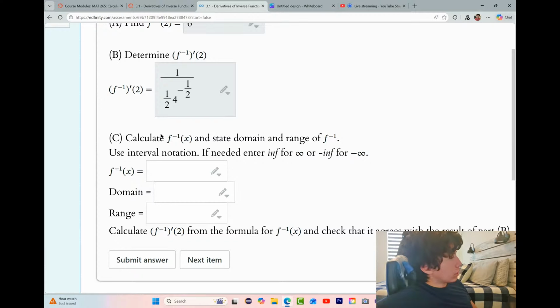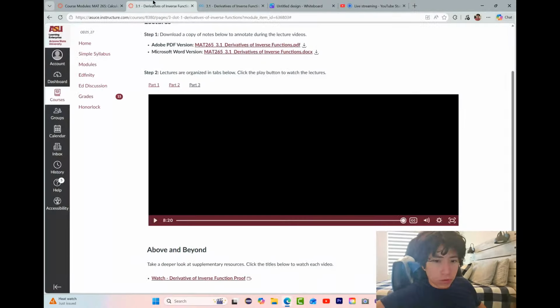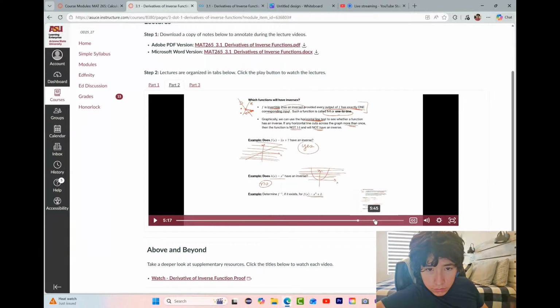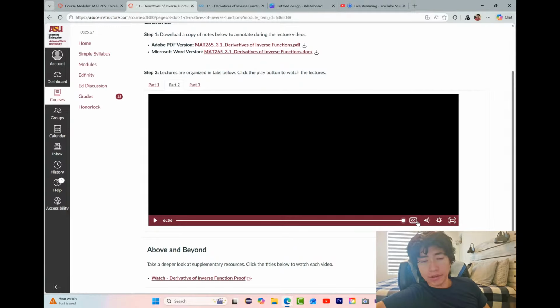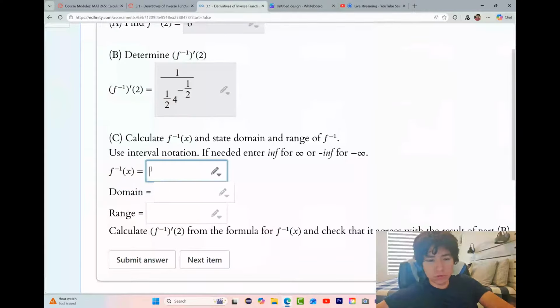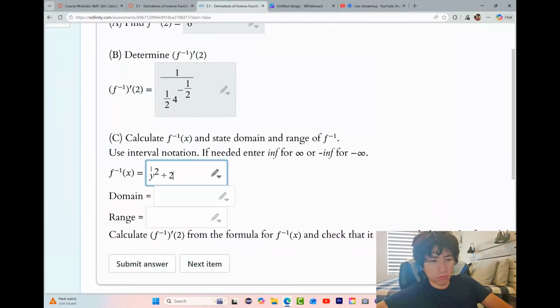Oh wait, hold on. Is it just the inverse of a function? Yeah, you do y equals, right? So I think I'm correct. Y squared plus 2. And the domain, well, let's see.